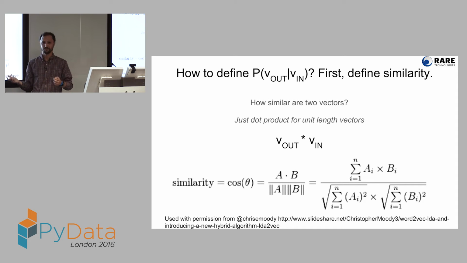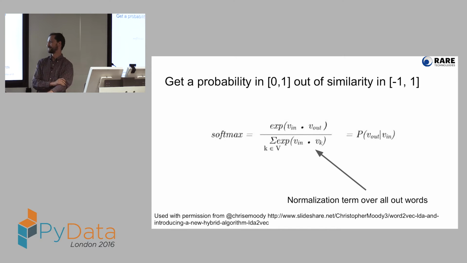What is the range of cosine? Minus 1 to 1. So that's not quite a probability yet. We need to move from minus 1 to 1 to 0 to 1, and we do softmax. The word over is my inward, so I take e to the power of the vector for over dot the vector for fox. And I divide it by the sum of e to the power of over dotted with all other words in my vocabulary, just to normalize it.